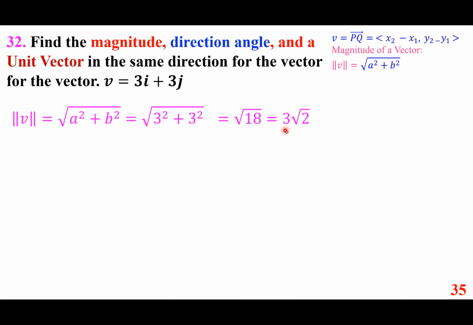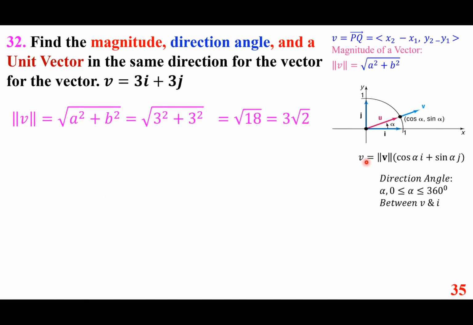The next thing is to remind everybody that any vector is its magnitude times its direction, cosine alpha i plus sine alpha j, and v has the value of 3i plus 3j, so we can calculate the tangent accordingly, which is y over x, or 3 over 3, or 1, and as you know, the angle is pi over 4, or 45 degrees.